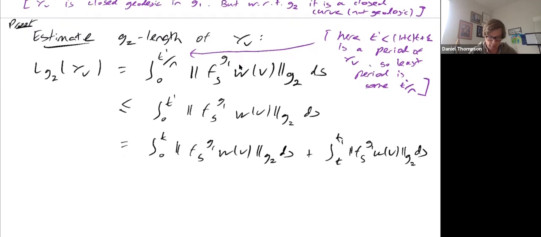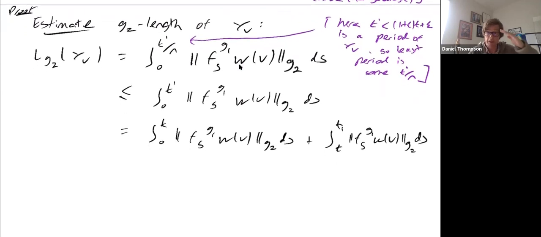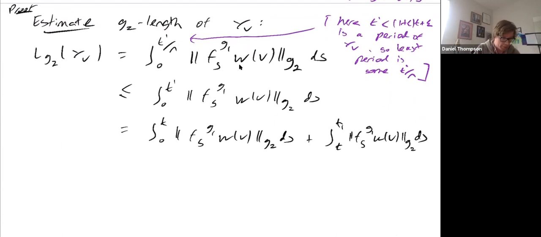These are points WV. So V is the thing we know about. WV is the thing that we shifted a little bit. So this is less than or equal to the integral 0 up to t of f_s g1 v g2 ds. Right, that's something we know about.